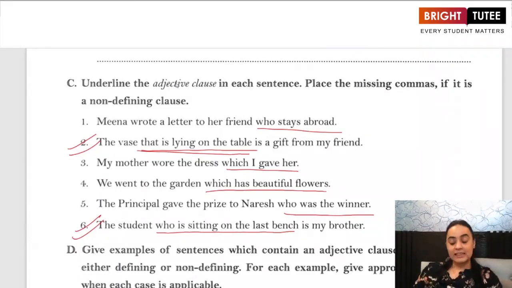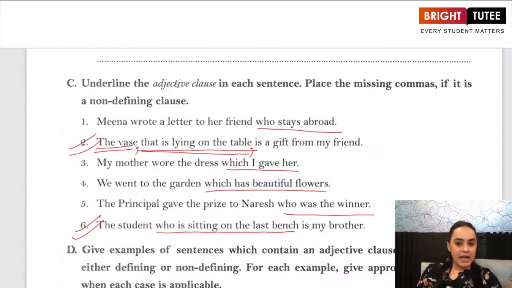The vase that is lying on the table. It defines my antecedent. What is my antecedent? The vase. So this is defining my antecedent, and I am going to put a comma to differentiate my adjective clause. Look at the 6th sentence. The student who is sitting on the last bench is my brother.